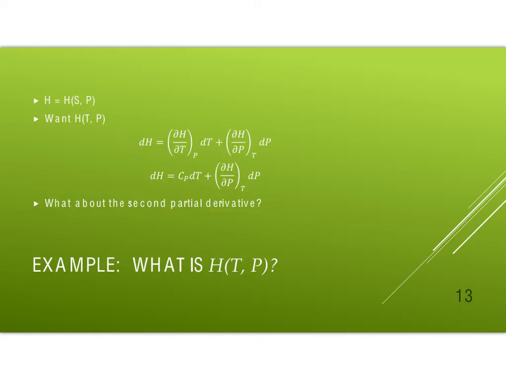Now, I know how to use the definition of a differential. dH is (dH/dT) at constant pressure times dT, plus (dH/dP) at constant temperature times dP. In terms of measurable quantities, (dH/dT) at constant P is C sub P. But what about this (dH/dP) at constant temperature? That's not in my list of measurable quantities.